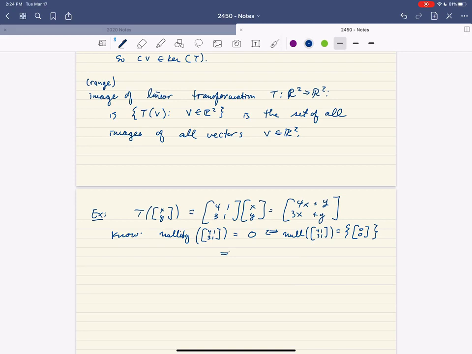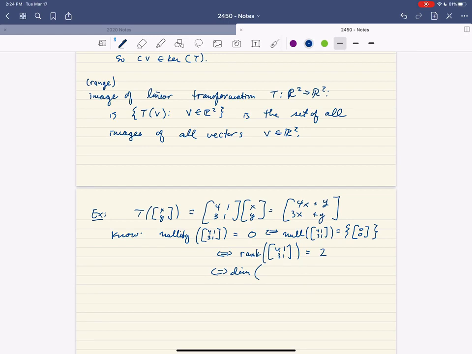That happens if and only if the rank of our matrix 4, 1, 3, 1 is 2. And remember, the rank is the dimension of either the row space or column space.